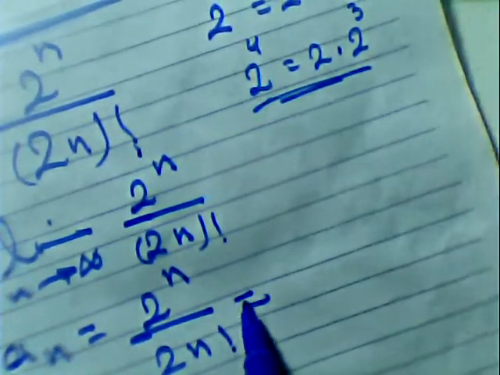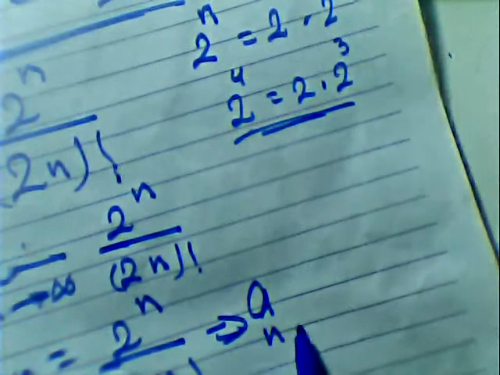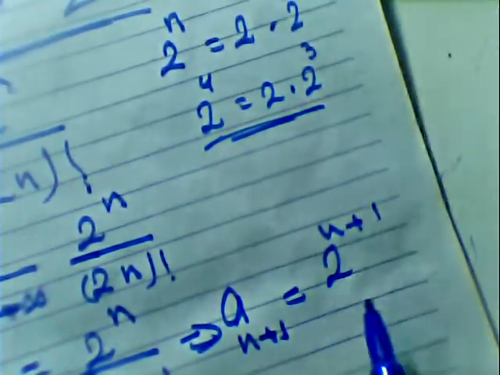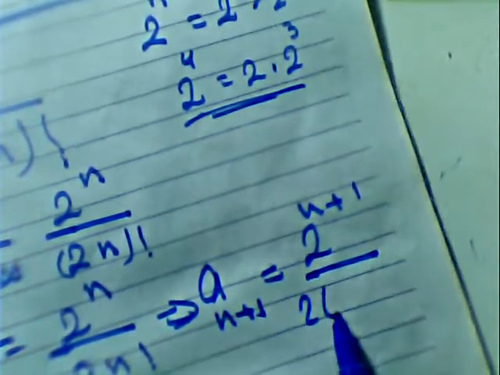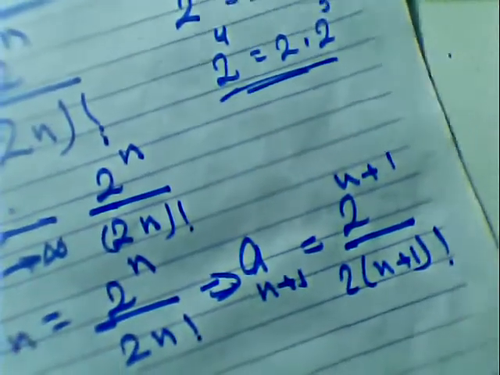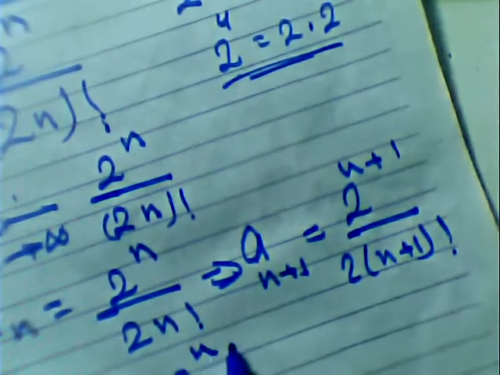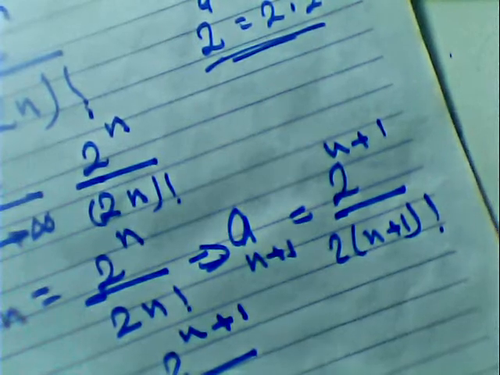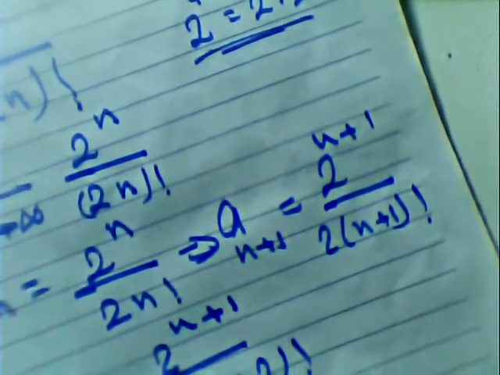That means a n plus 1 equals 2 to the power n plus 1 over 2n plus 2 factorial.